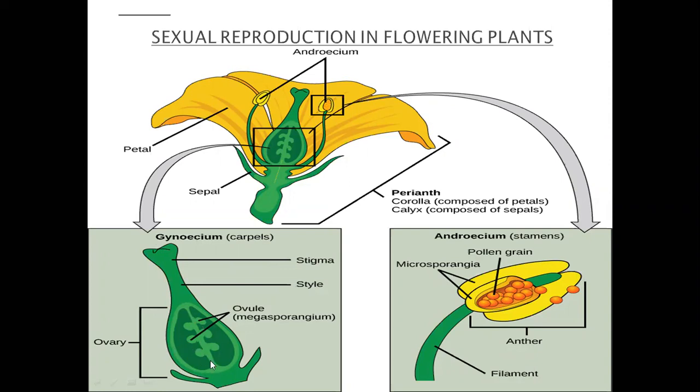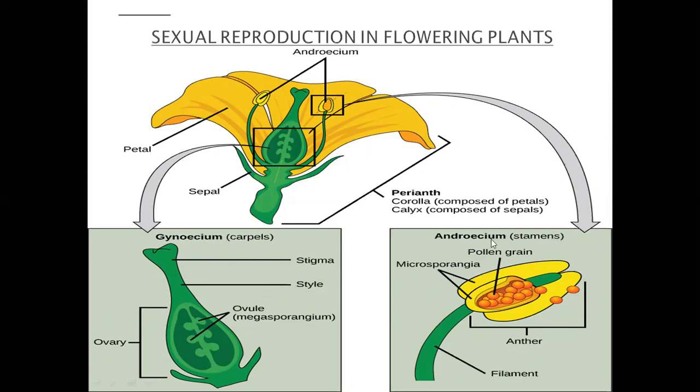You can see here, this is the whole ovary, and inside the ovary we said that ovules, female reproductive cells, are produced here, right? These are the ovules. So hence you can say gynoecium has one stigma part, style part, and the ovary. Inside of the ovary, the ovules, which are female reproductive cells, are produced.